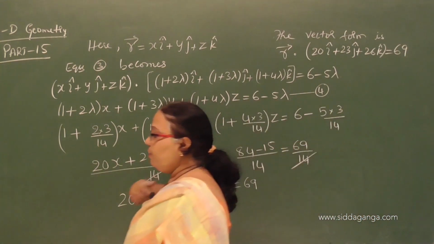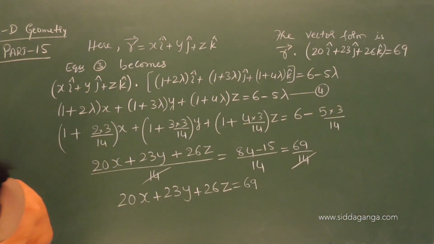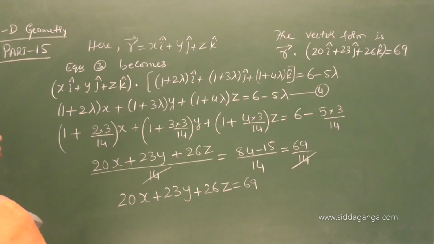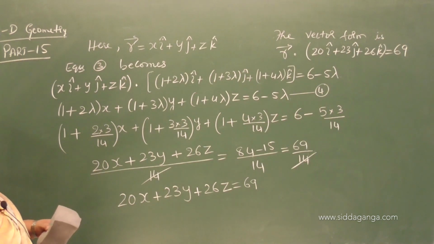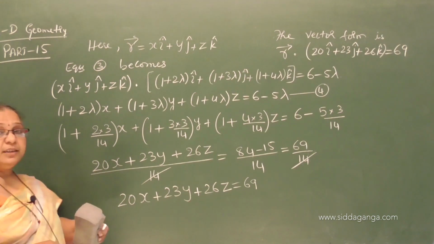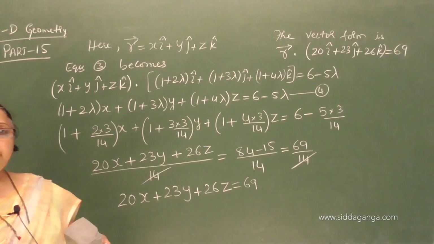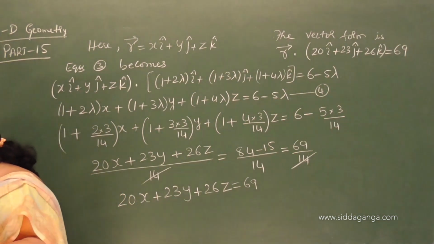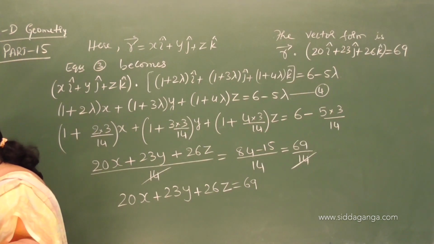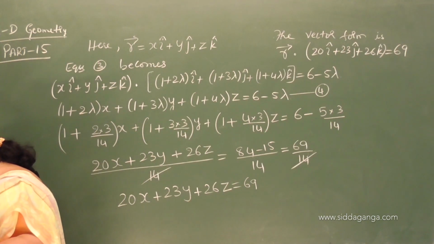That is the vector form of the equation of the required plane. It takes a little time because there is simplification, but we can solve it easily.